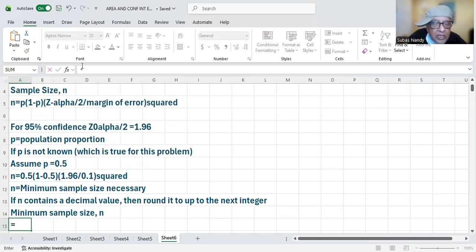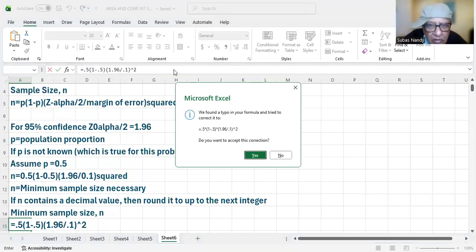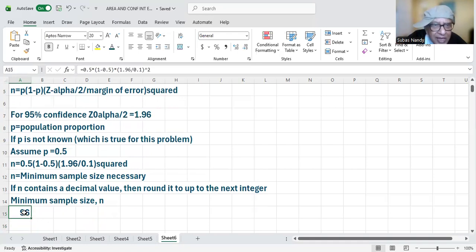So it is 0.5 times (1 minus 0.5), then 1.96, the critical value of z, which I already told you, divided by margin of error given in the problem as 0.1, and then you square the last parenthesis, so the exponent is 2. So it works out to 96.04.